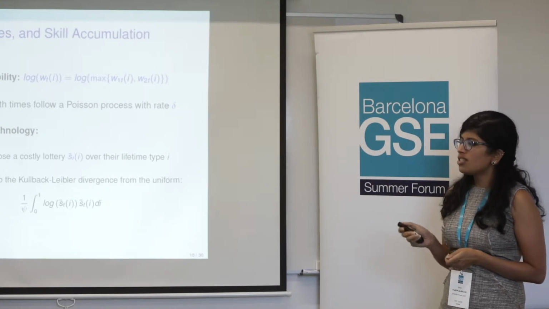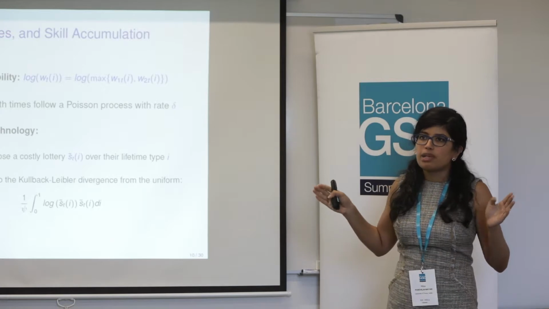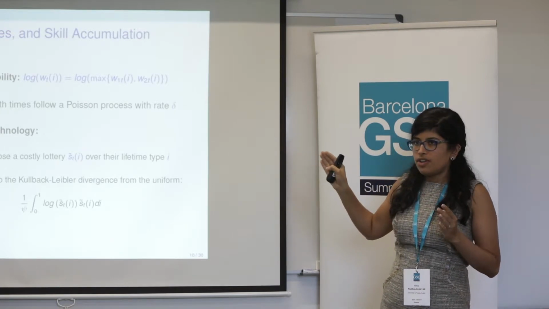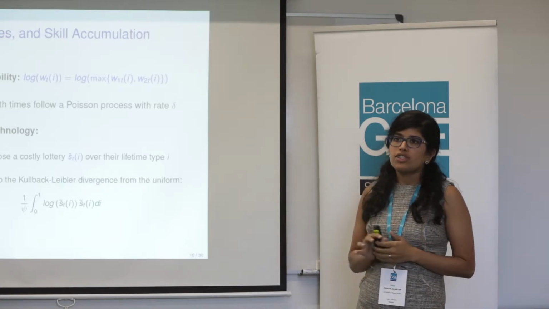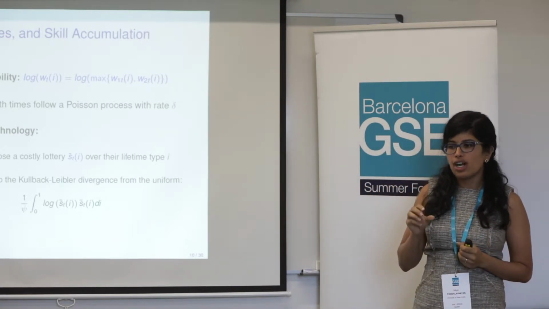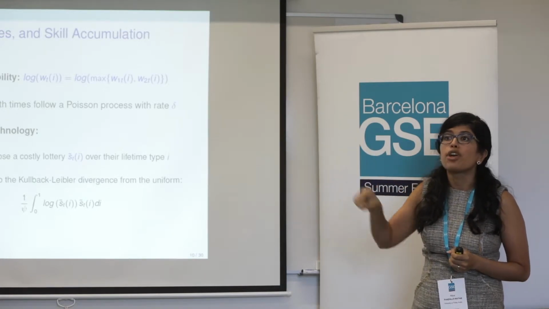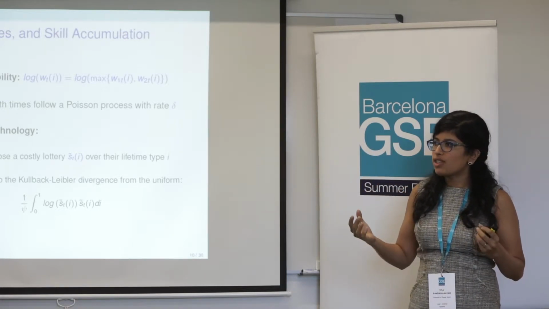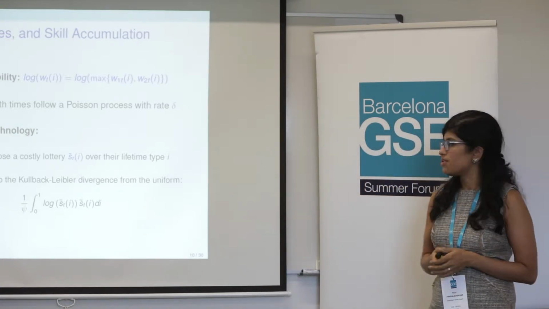All workers would ideally like to be the best type, but that is very costly. What this cost is doing is saying it's very costly to lower the variance of the draws to one specific point in the distribution. So you pay a little less of a cost, but you get some variance, and you always end up with all types in equilibrium.